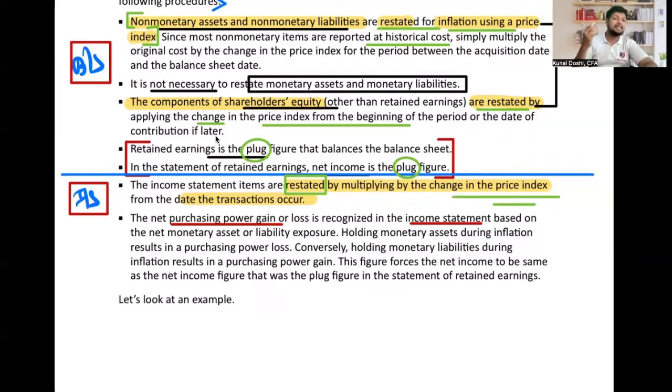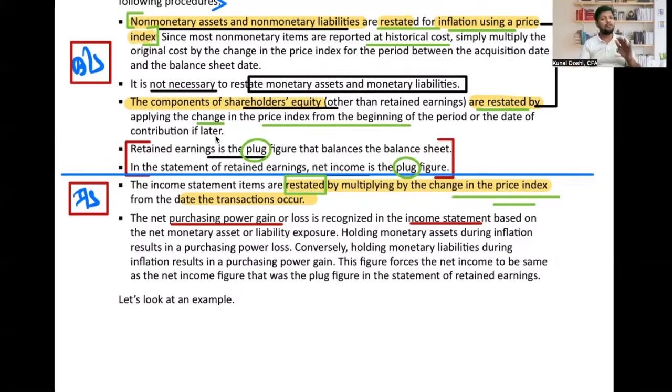But remember, the restatement is something that you have to do in IFRS. In IFRS, first you need to adjust those numbers for inflation, and once they have been restated for inflation, then you can translate into the parent's reporting currency, which is done using the current exchange rate method.